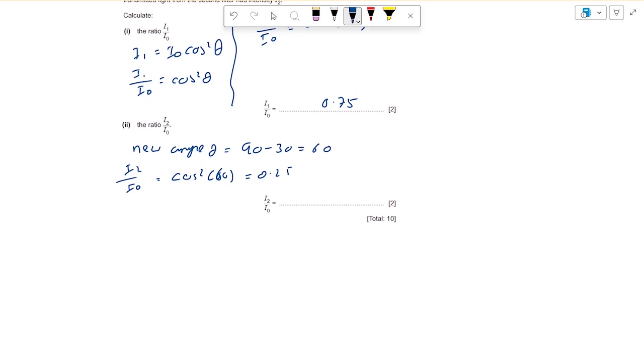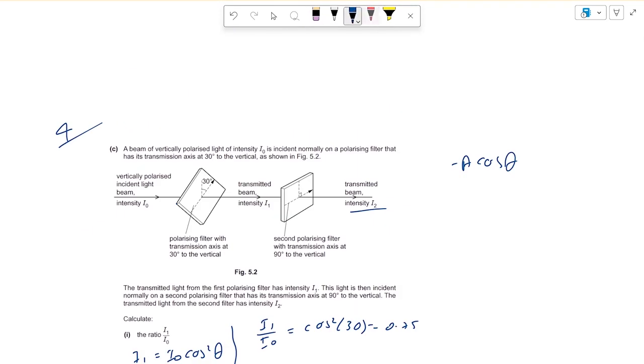Now, in order to find the I2 over I naught, we need to multiply both answers. Why? Because the beam of light is passing through polarizer P1 and P2. In mathematics, 'and' stands for multiply. So we need to multiply both of the polarizing answers, both of the ratios.